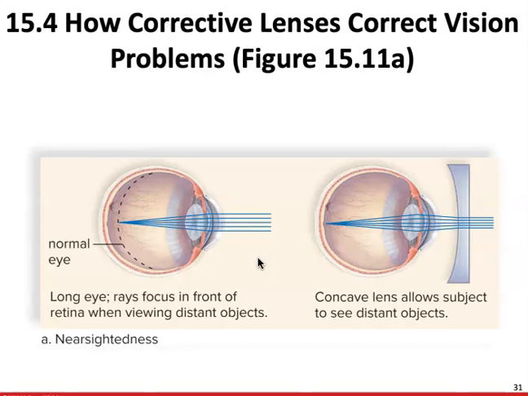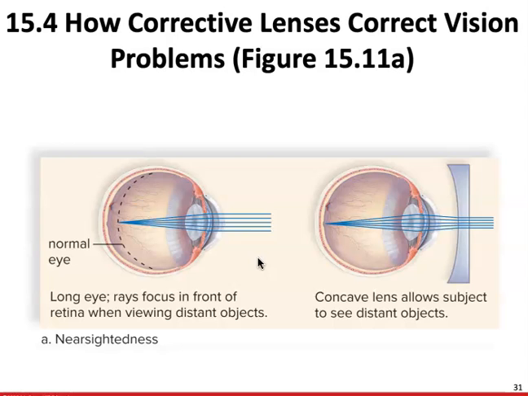All right, so this is going to talk just briefly about corrective lenses and how corrective lenses can actually take some of the brunt of the focus on your eye. So if you can see from 20 feet what a normal person with normal vision can see at 20 feet, you're said to have 20/20 vision. If you are nearsighted, it means that you can see close, but you can't really see far away.